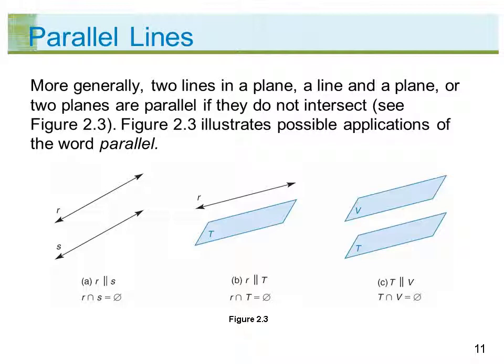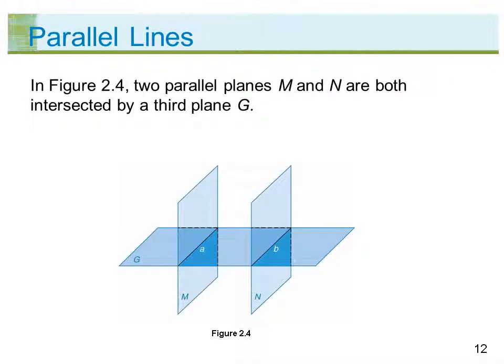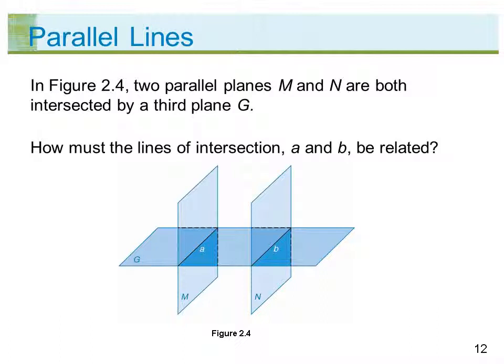See Figure 2.3. Figure 2.3 illustrates possible applications of the word parallel. In Figure 2.4, two parallel planes, M and N, are both intersected by a third plane, G. How must the lines of intersection A and B be related?